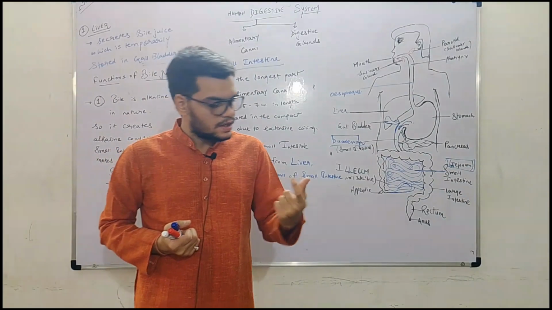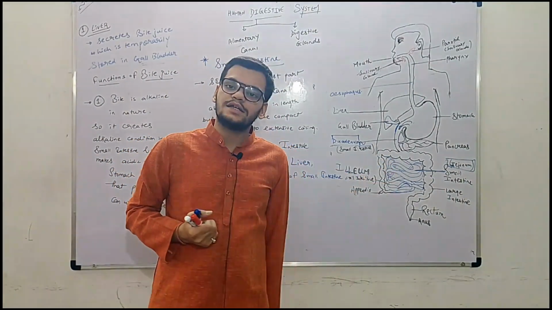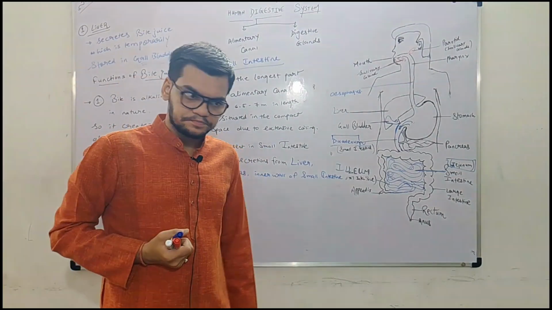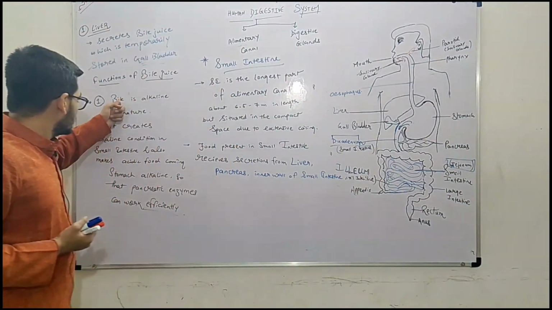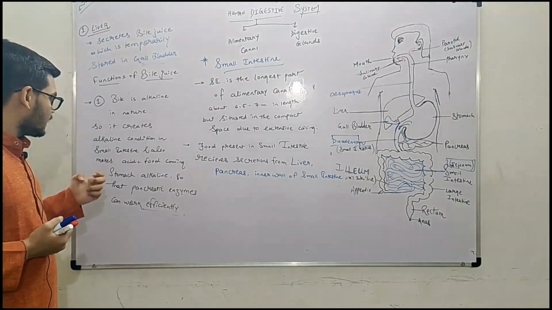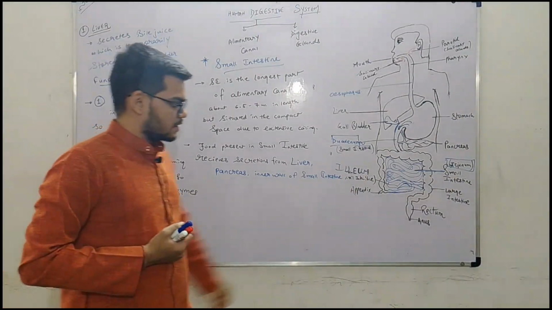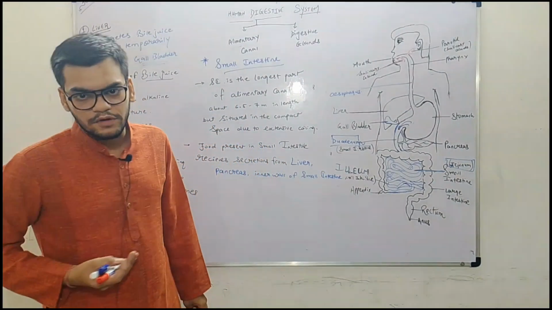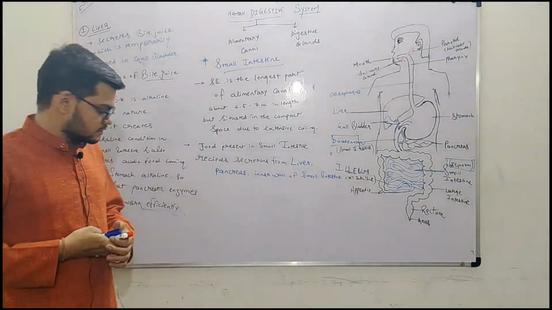So we need to create alkaline condition inside the small intestine. Then and only then pancreatic enzymes will work. So bile juice will create alkaline condition inside the small intestine as it is alkaline in nature, so that pancreatic enzymes can work efficiently.